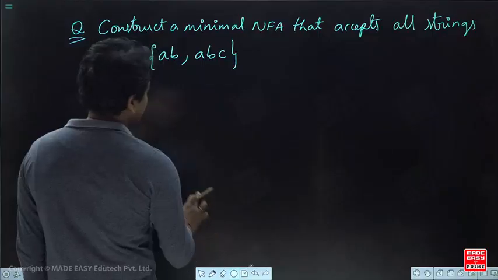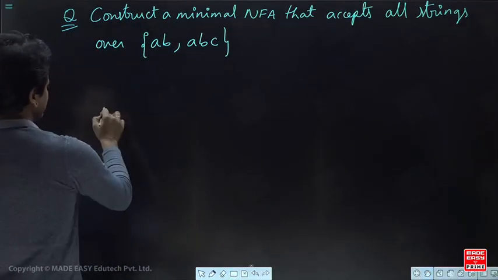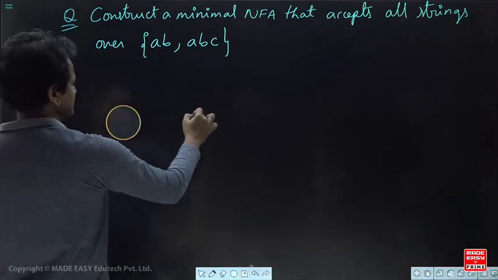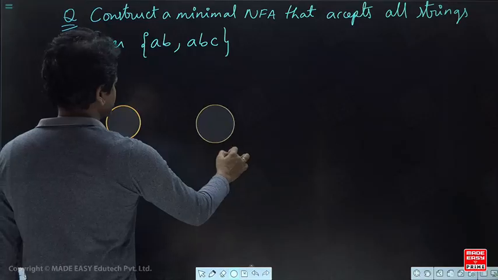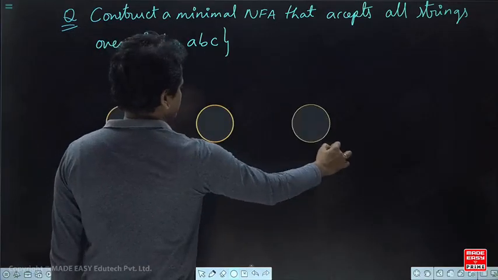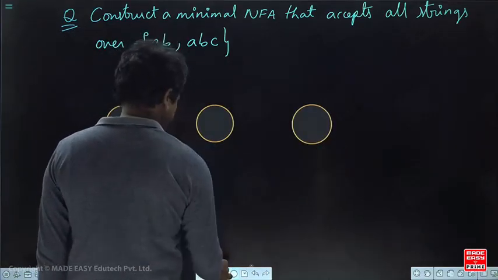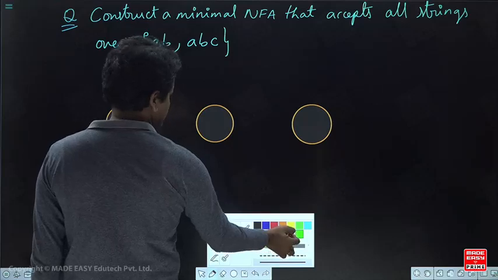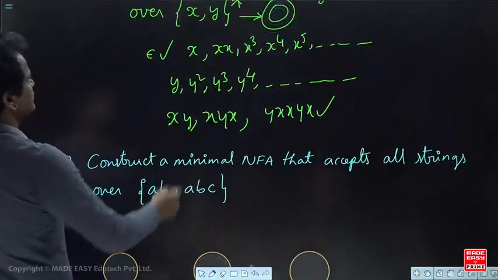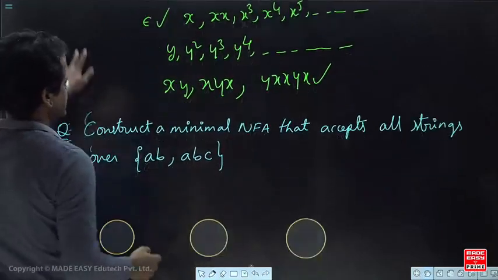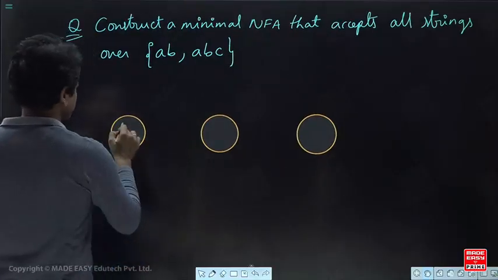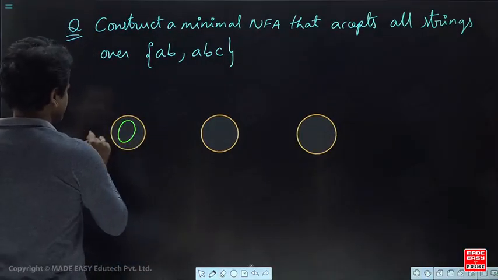Now, anybody done? Look at this one. I'll do it. So, what is the smallest string? The smallest string is epsilon. Epsilon is the smallest string, guys. So to accept epsilon, there is only one way: initial is final.